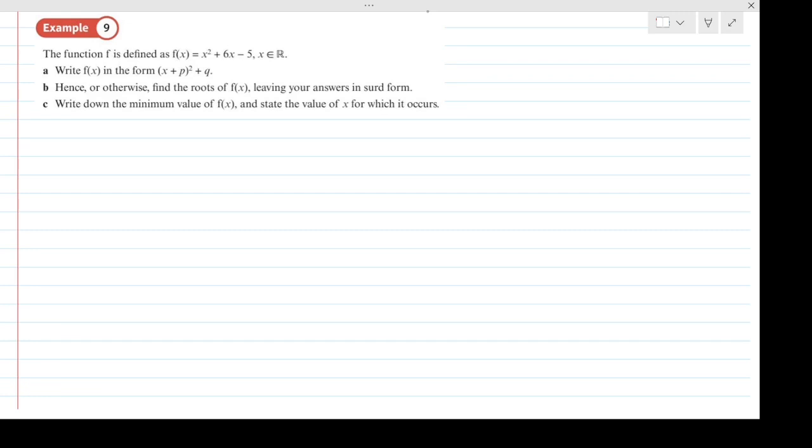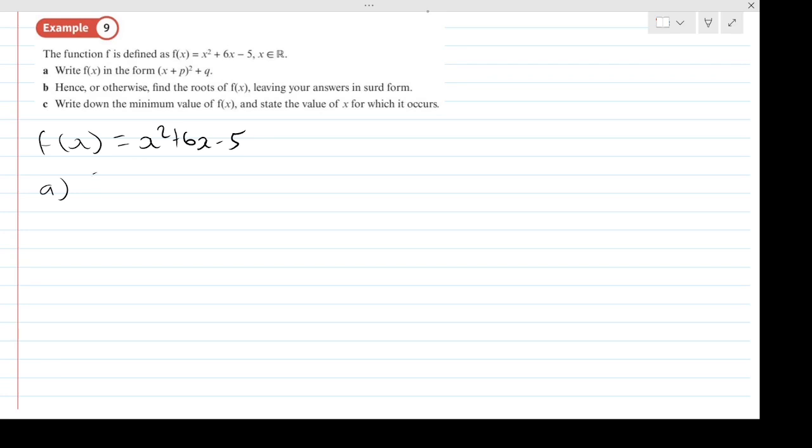So let's write our function down: x squared plus 6x minus 5. First of all, it's asking us to write f of x in this form here. You should notice that is completing the square, because I have a bracket of x plus something, squared, add a number. We did this last time, right?